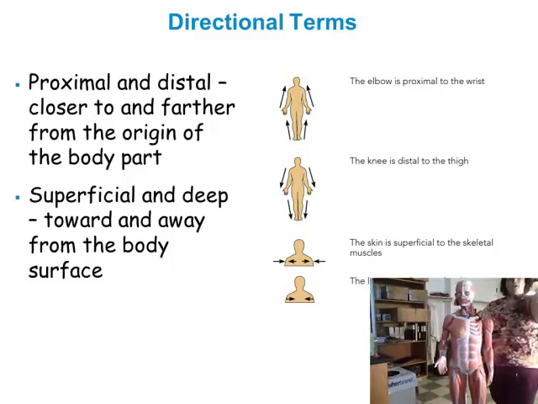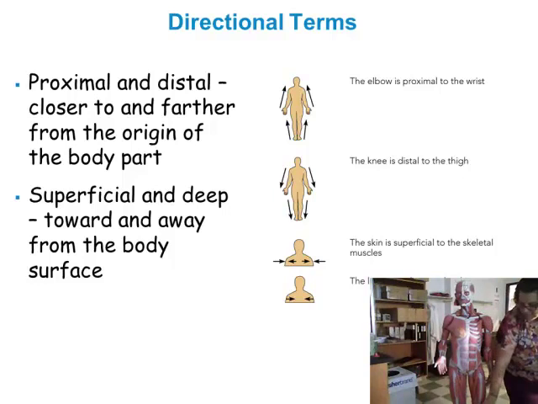If you imagine the arm, the elbow is going to be proximal to the wrist. Proximal meaning it's closer to the origin of that body part, closer to where that body part comes from. Distal is more distant, it's further away. So in that case, the knee is distal to the thigh. The knee is further away from the origin of the body part than the thigh.